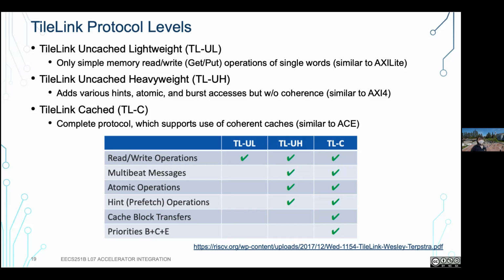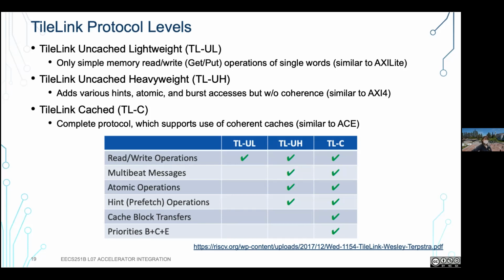Heavyweight has a range of different features. A lot of those are more CPU centric, like atomic operations are very CPU centric when we think about multi-core. Those are still useful, but for accelerators, it's really the bursty messages that matter, because if you are very bandwidth heavy, with a lot of AXI transactions, you want to support bursty traffic so it can amortize the cost of invoking a TileLink transaction. It also has prefetching and atomics.